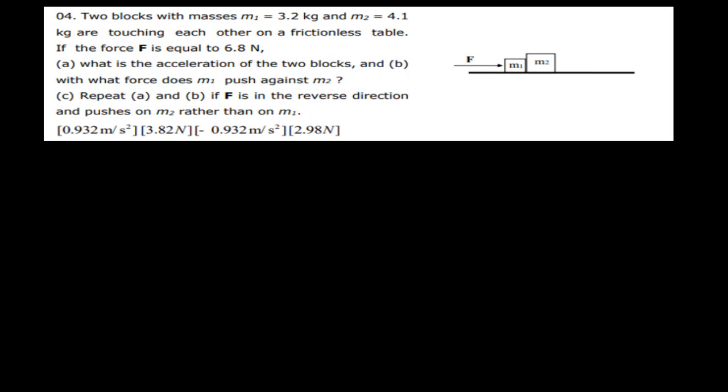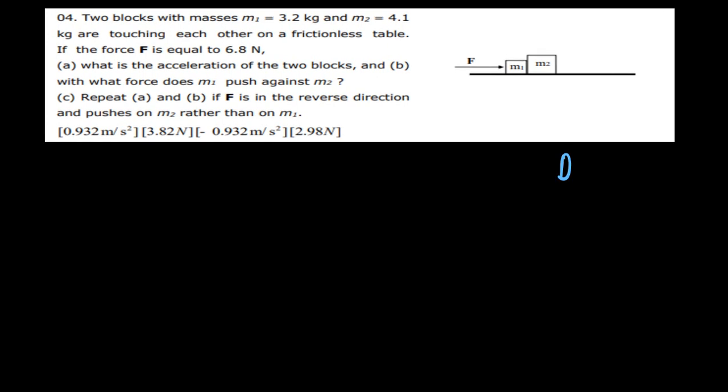Okay, so first and foremost, always write your data so that you know what you have and what you don't have. So allow me to write my data here. We are saying there are two boxes, M1 and M2.